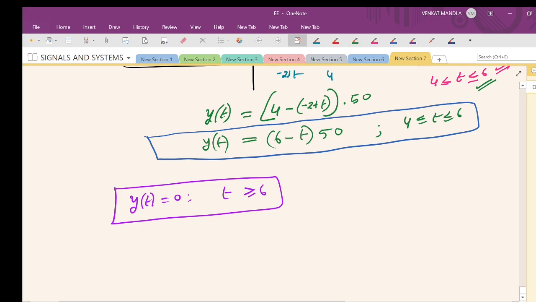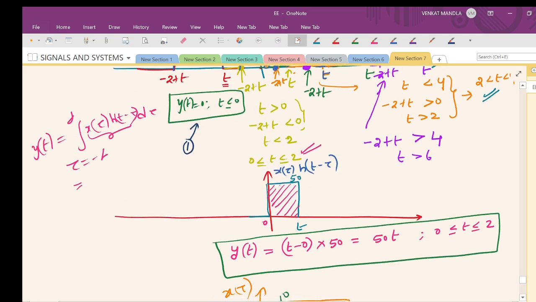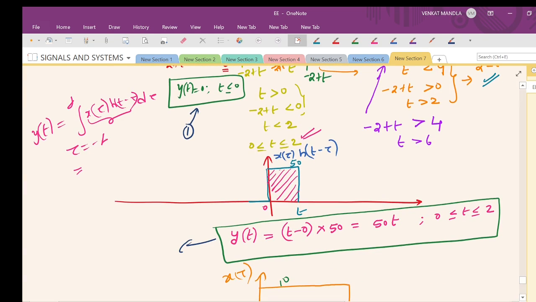Okay, so this is the first one: y(t) equal to 0 for t less than 0. The second one: y(t) equal to 50t for 0 less than t less than 2.